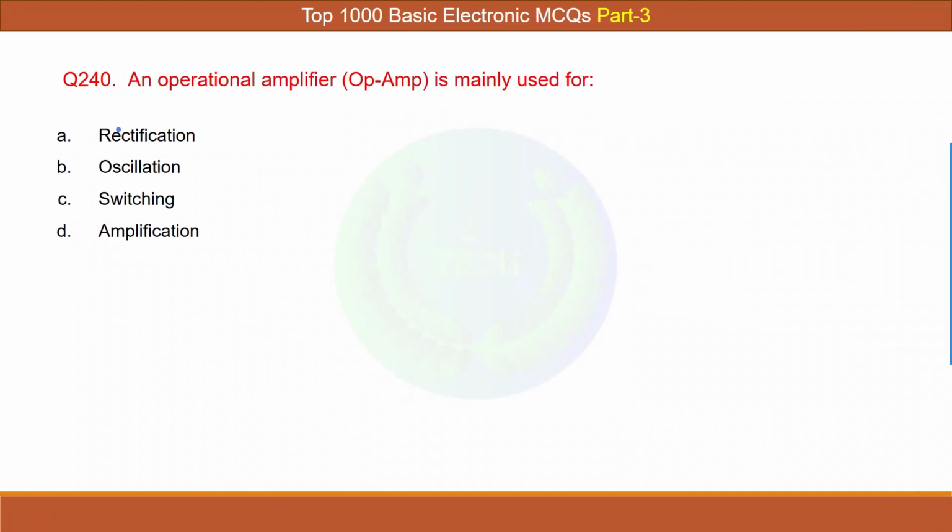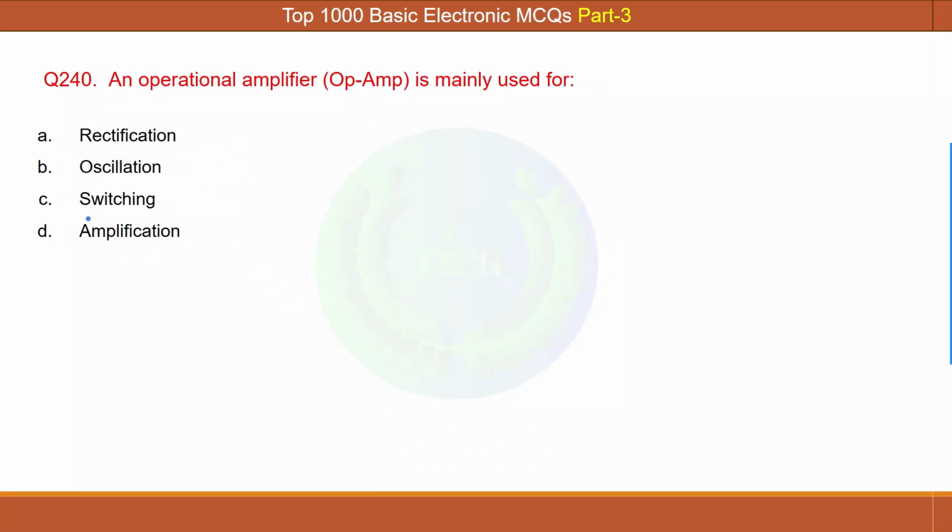Next question, question number 240. An operational amplifier, op-amp, is mainly used for option A rectification, option B oscillation, option C switching, option D amplification. The answer is option D amplification.